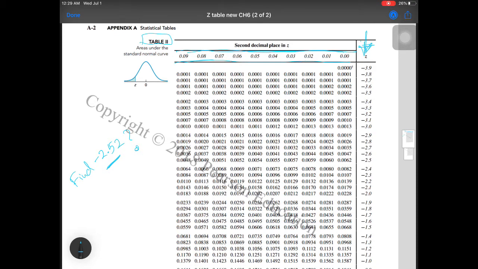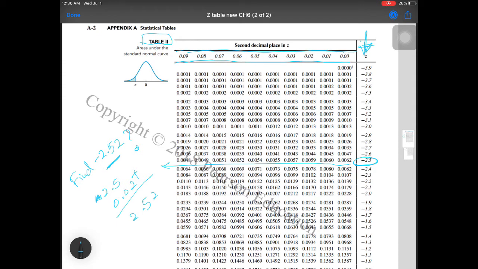You have all negative values here, so don't worry. Negative 2.5 is here, so come along this row. Next, negative 2.5 plus 0.02. Just forget about the signs, you don't need to worry about the sign. So this gives you negative 2.52.